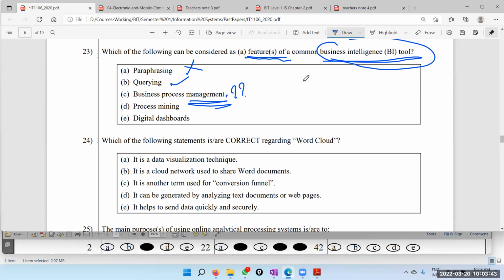So that is correct, because with business intelligence, we can do two ways: data mining and process mining. Process mining means trying to understand the processes, how they have changed, and trends. Data mining means you mine or understand, see the patterns in data. So this I will take.